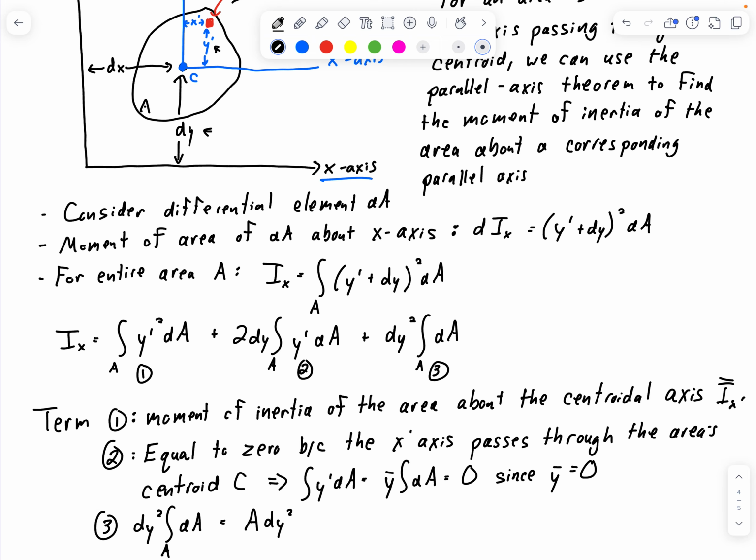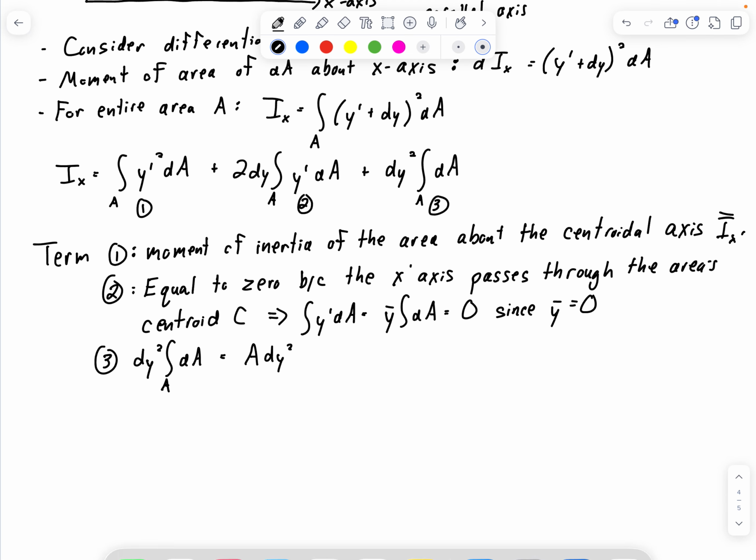So if we put this all together, I sub x is equal to I sub x prime bar plus A dy squared.